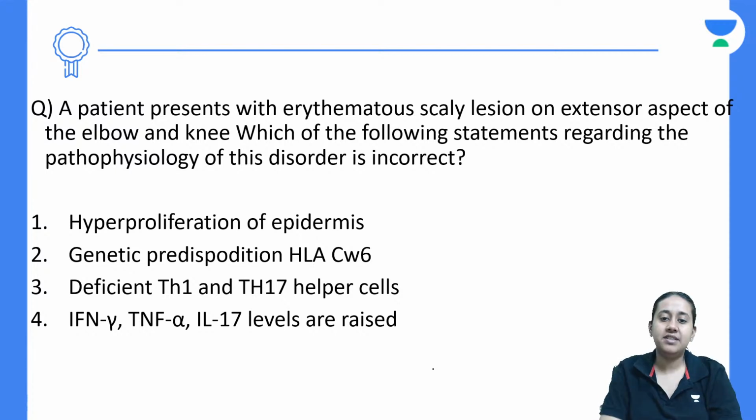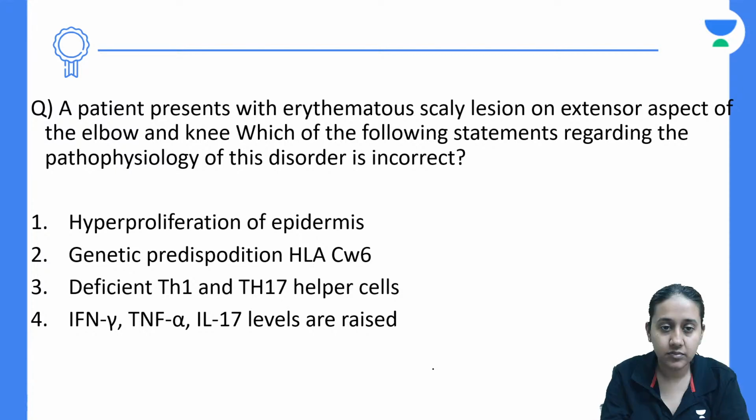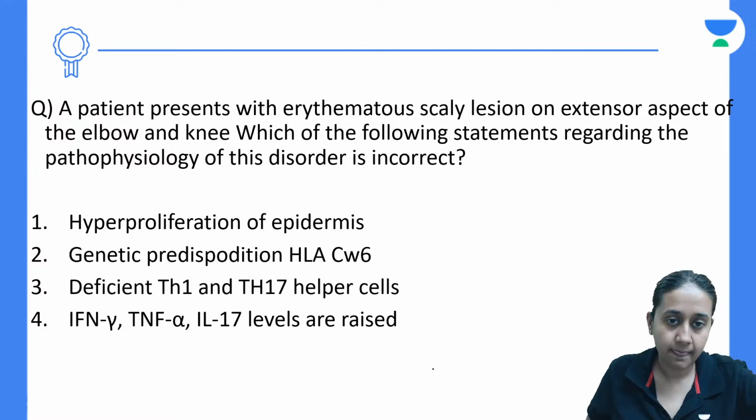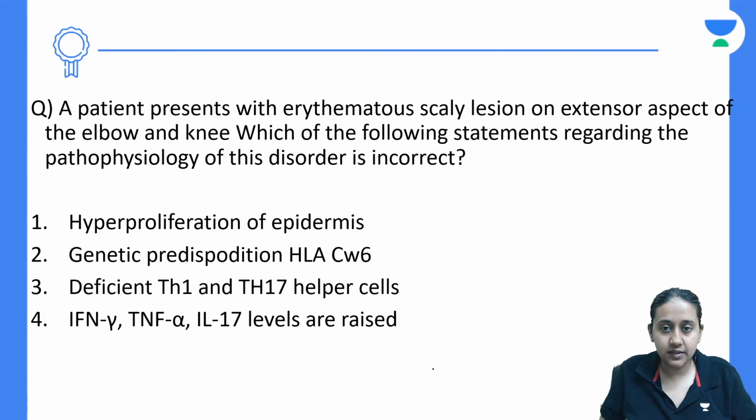A patient presented with erythematous scaly lesions on the extensor aspect of the elbow and knee. Which of the following statements regarding the pathophysiology of this disorder is incorrect? Anybody can tell me the answer?